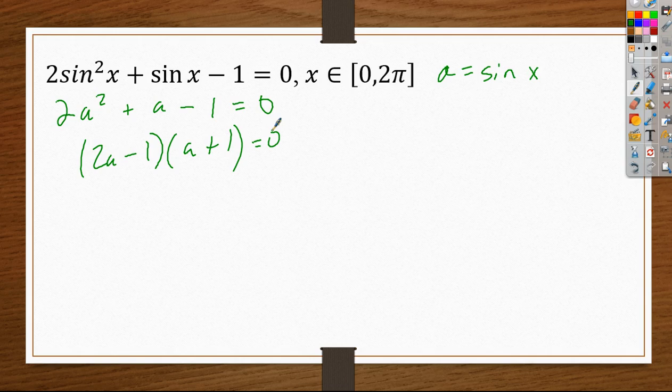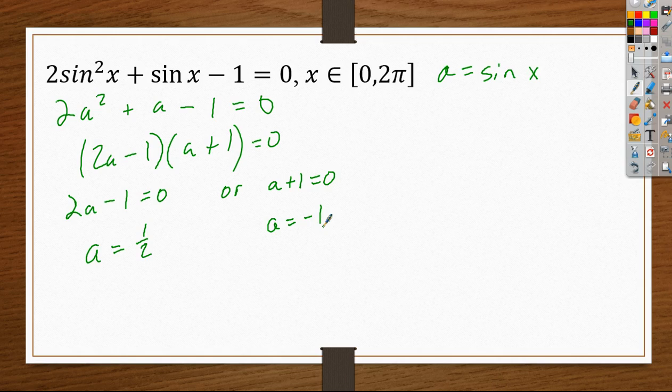That means either 2a minus 1 is equal to 0 or a plus 1 is equal to 0. I don't want a anymore, remember? Well, I can just solve for a. a is equal to 1/2, or a is equal to negative 1.